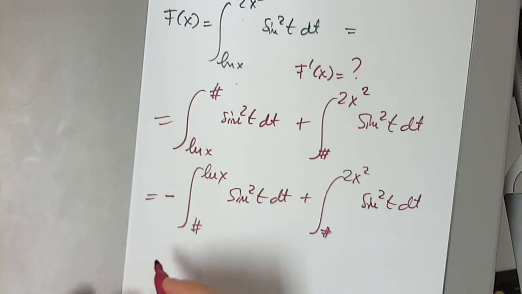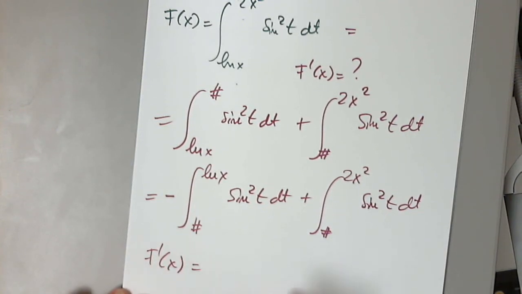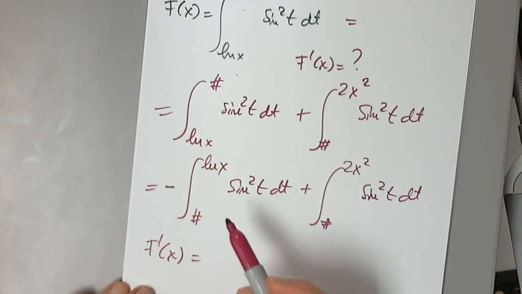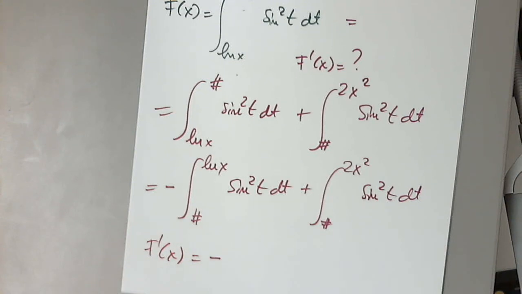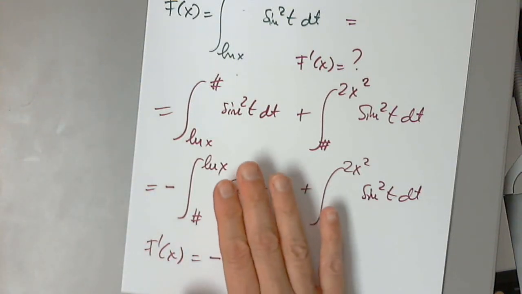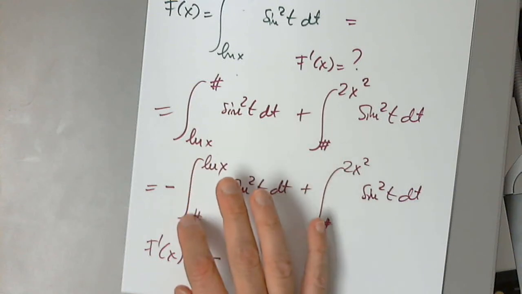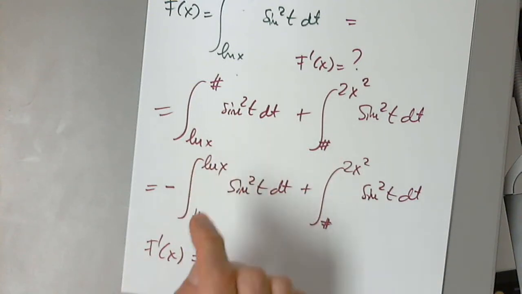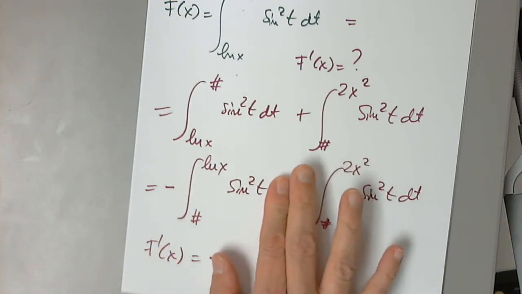Now we're ready to differentiate. So please tell me what to write. Remember, we are differentiating an integral. When we differentiate an integral, the integral symbol goes away and dt goes away.